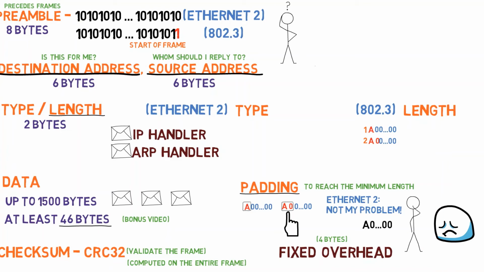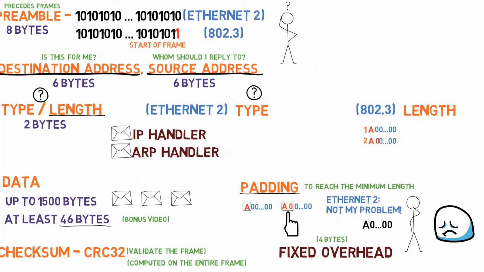This is an elegant solution, but now 2 issues arise. First, if we receive an Ethernet frame, how do we know if it's an Ethernet 2 frame, where this field means type, or an IEEE 802.3 frame, where this field means length? Second, what happens with the type field? How will the receiver know what protocol is carried inside the frame?